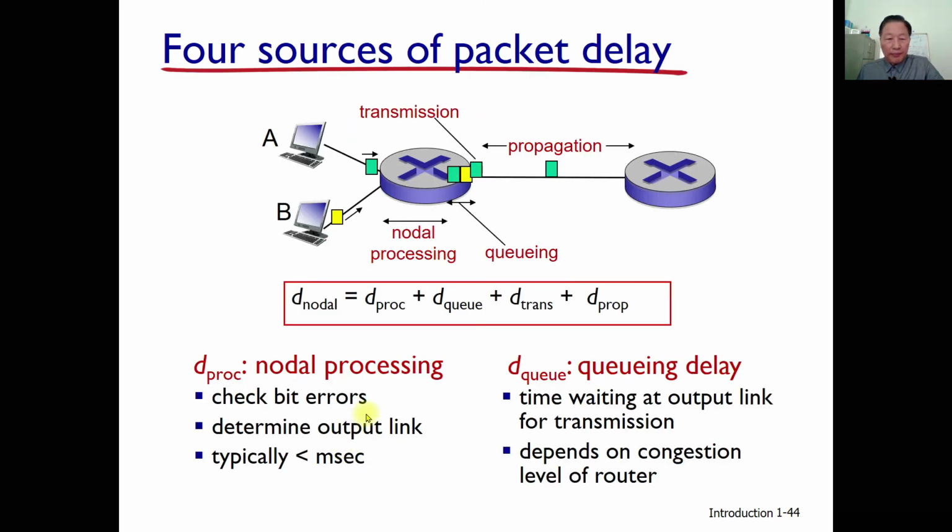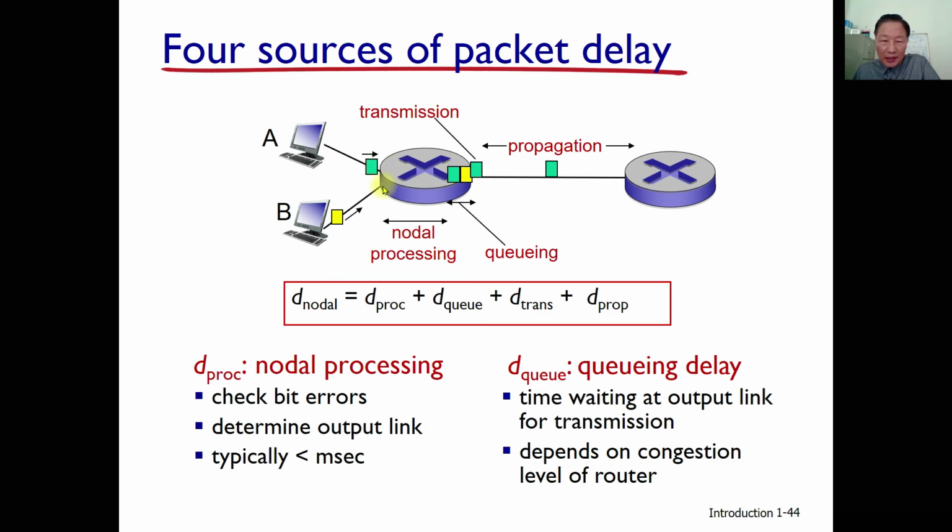We learn about 4 factors in terms of that delay, even though we observed 2 factors in the previous slide. Here we have 4 factors. One is processing delay, that is nodal processing. Think about this router as a kind of special purpose computer that is transmitting packets.